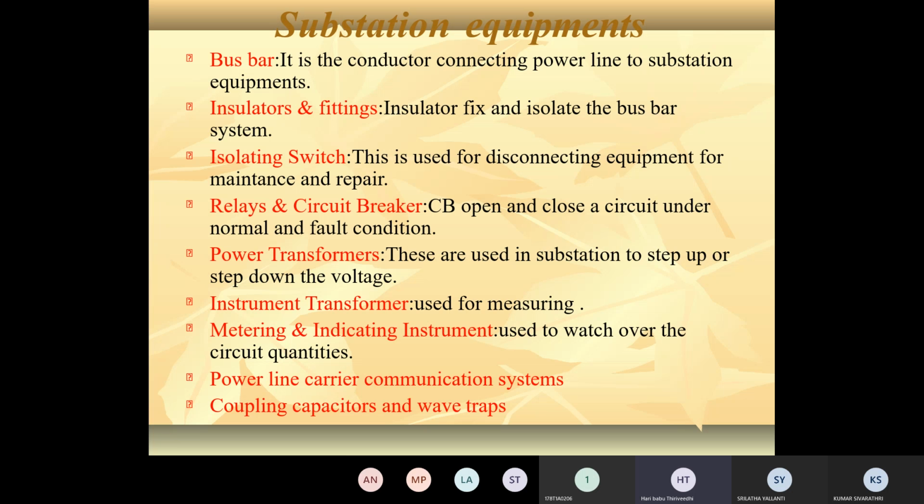And also the fault current for a few seconds. These are either copper or aluminum bars with rectangular cross section. So these are made up of copper or aluminum or ACSR conductors, and they are operated at constant voltage in the incoming and outgoing lines of a substation.